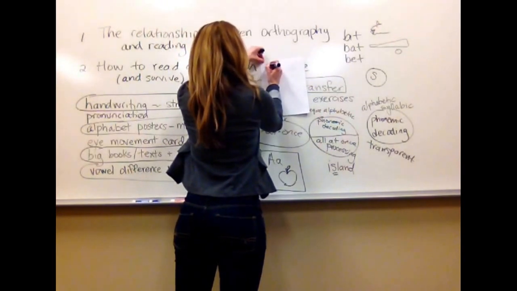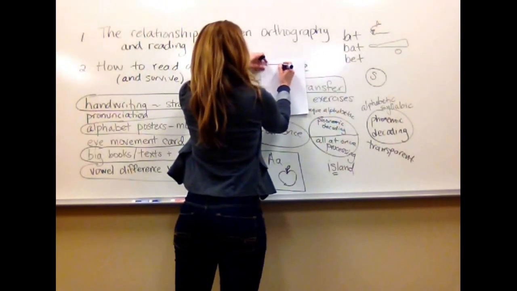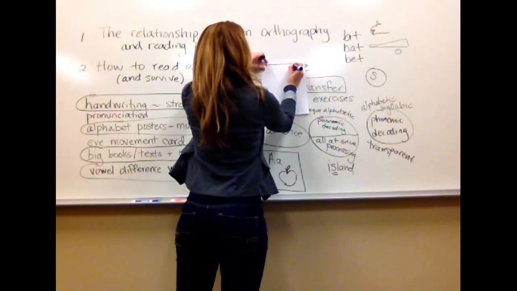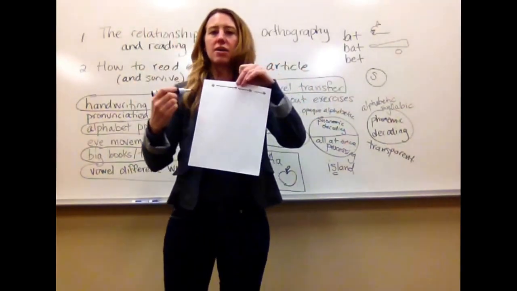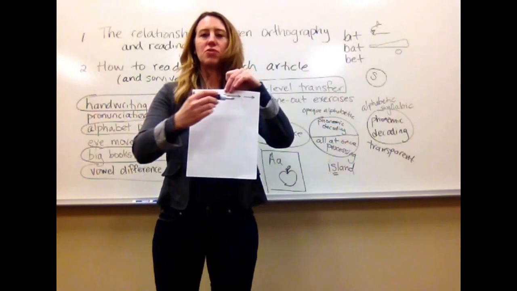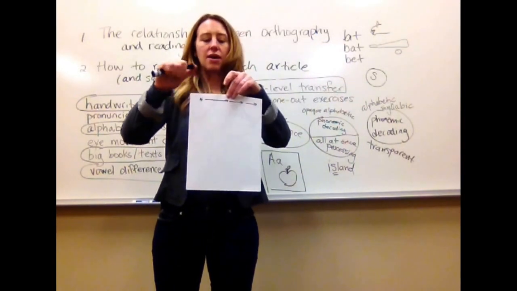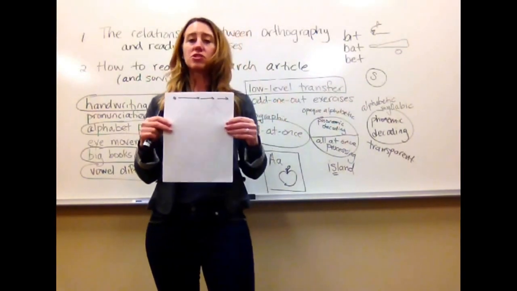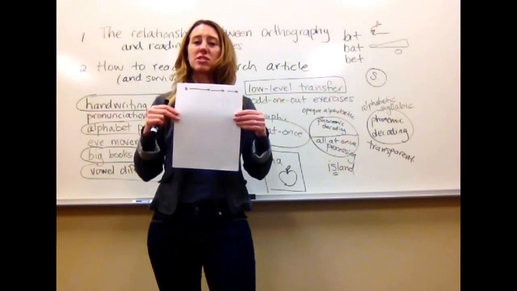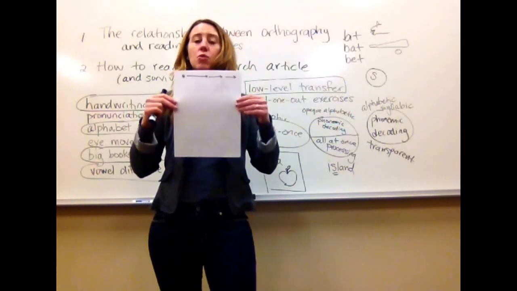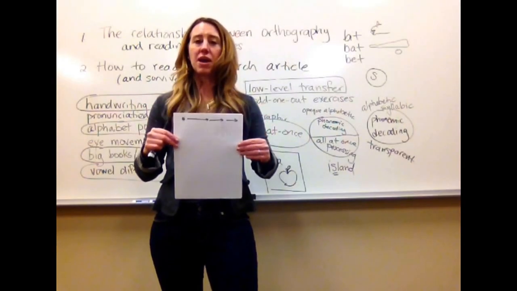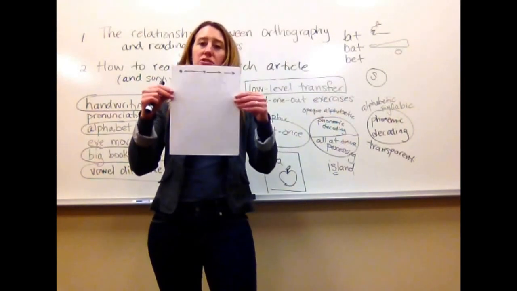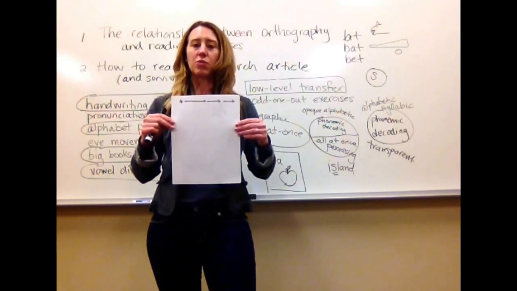And then I put a star where the student was supposed to start reading, and then I put arrows to show, move your eye this way, right? Move your eye this way. And then when the student would read a text, he would place this card over the text, and then move it down the page as he went. And of course, Arabic starts at the top and moves to the bottom, so that wasn't a problem at all.